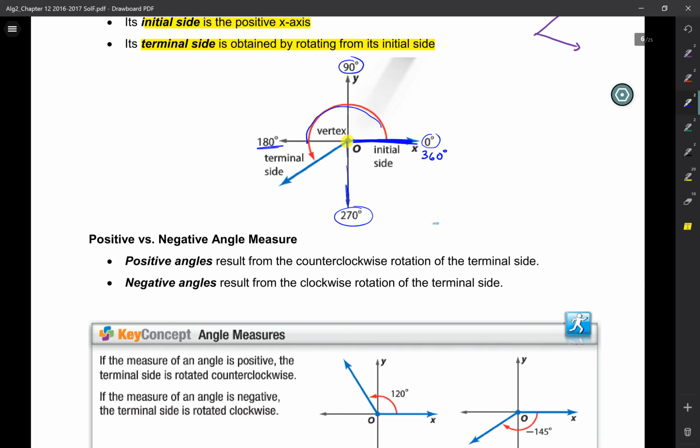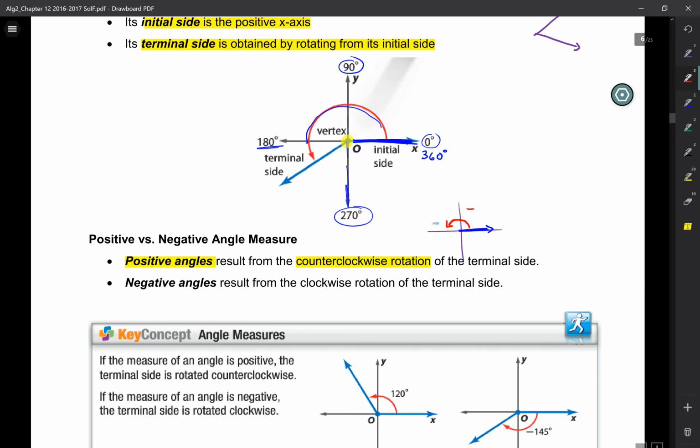We can go counterclockwise, which is against the direction of a clock. So, for example, if this is your initial side, you can start rotating this way. That's counterclockwise. In math or physics, counterclockwise is always considered the positive direction, and we call that a positive angle, when you have a counterclockwise rotation.